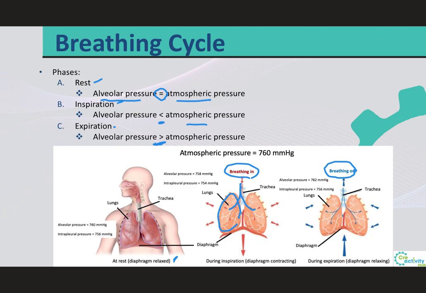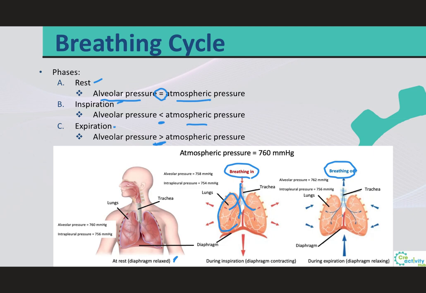And instead, the expiration results from the elastic recoil of the chest wall and lungs because they do have elastic fibers. So this means that the chest wall and the lungs both will have this natural tendency to basically spring back after they have been stretched.